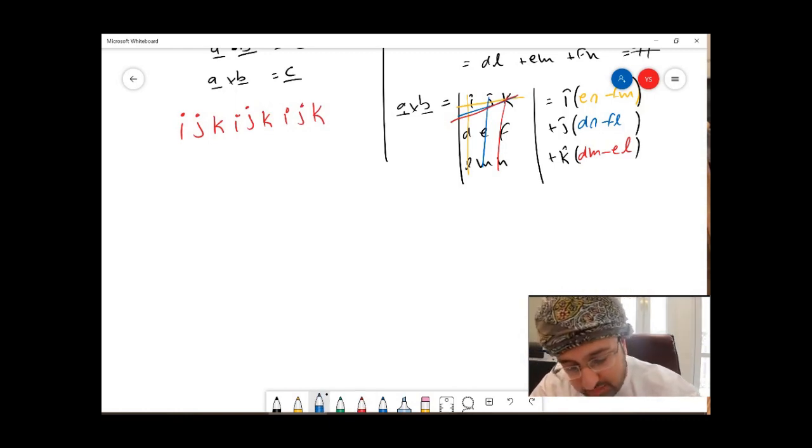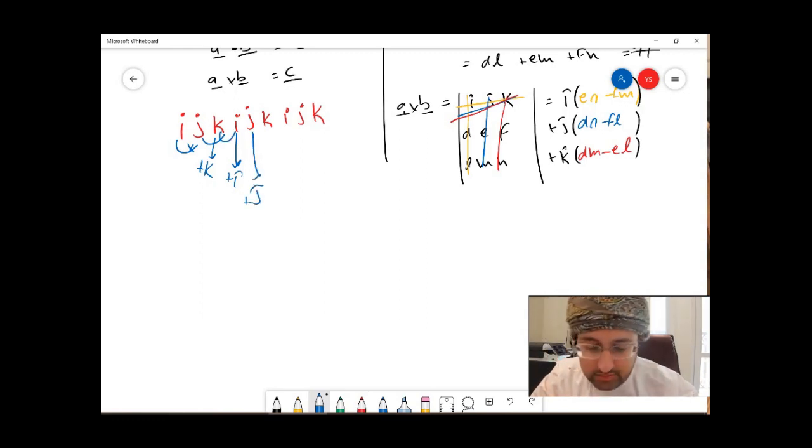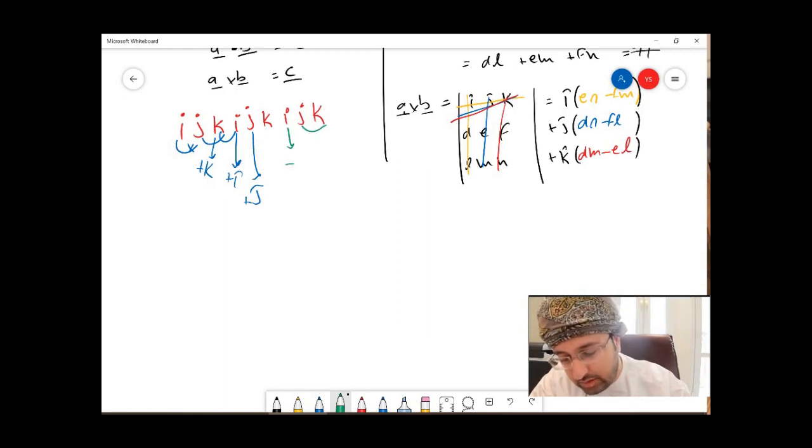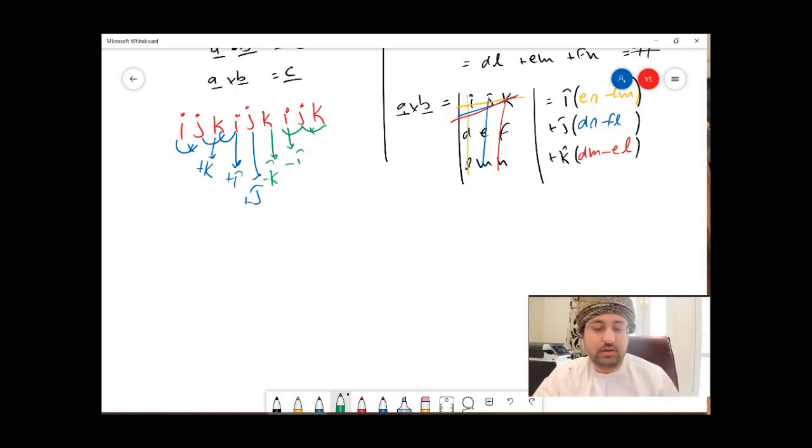Okay, and we said I cross J is plus K. J cross K is plus I. K cross I is plus J. And we said we cannot jump. And the reverse side, we said that if we do K cross J, we get minus I. J cross I, we get minus K, and so on and so forth.